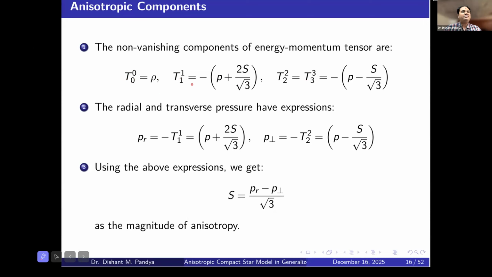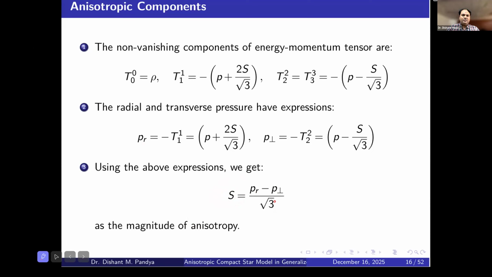The rest of the components were vanishing, so these are the only non-vanishing components. The radial and transverse pressure, if you compute them, will be in this form. And finally, this S, which is called the anisotropic parameter, or magnitude of anisotropy, can be related to (P_r minus P_perp) upon root 3.